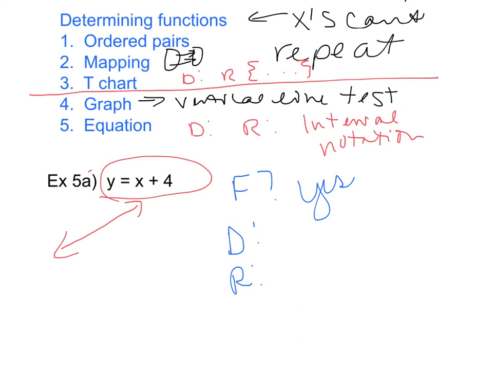So my domain for this function, is there anything that's going to mess with the x at all? Nope, it's just an x. So my domain for this is going to be from negative infinity to positive infinity. What about the range? Again, there's nothing that's going to mess with it at all. So I'm going to go from negative infinity to positive infinity. Cool. Let's do more.